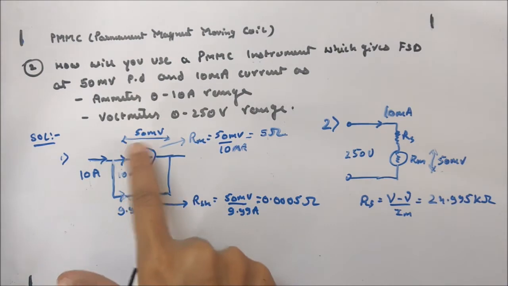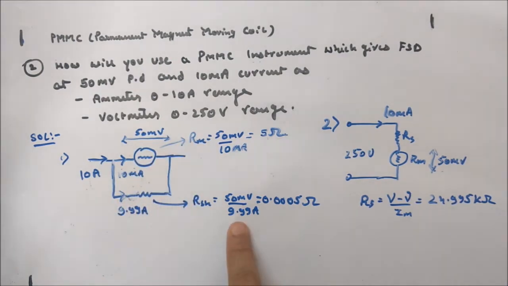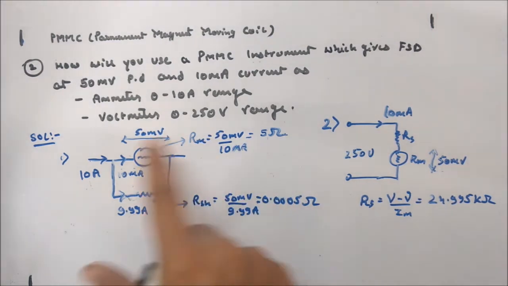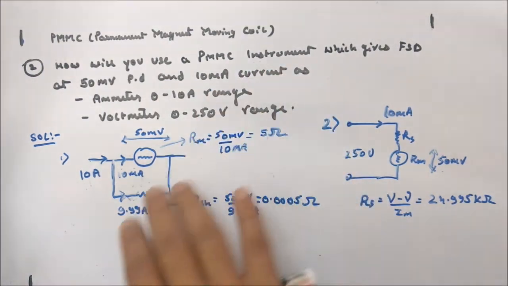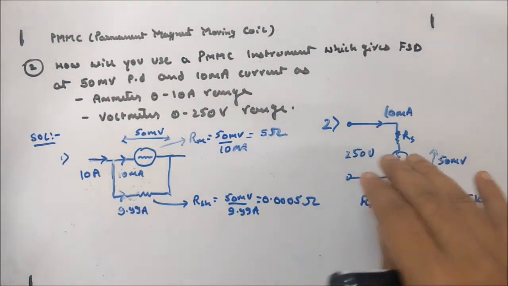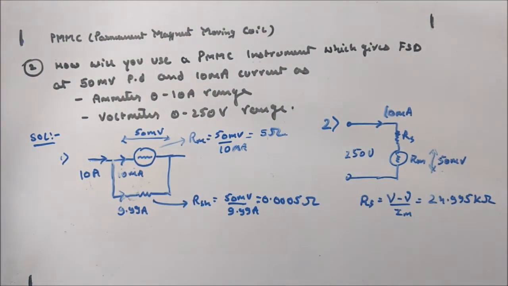Now you have the potential difference and the current, so you can calculate the shunt resistance: 50 millivolt divided by 9.99 ampere comes out to be 0.0005 ohm. Okay, this is how you can use PMMC as an ammeter.